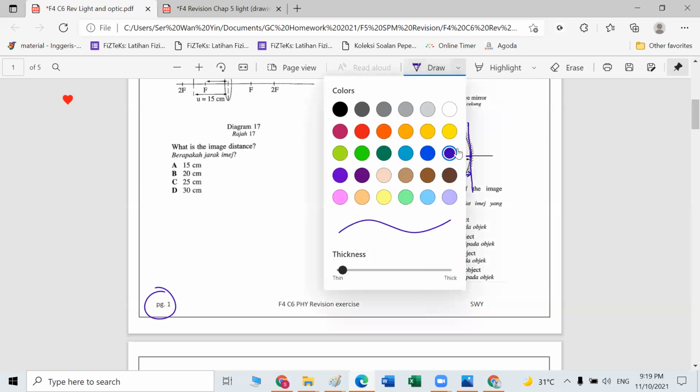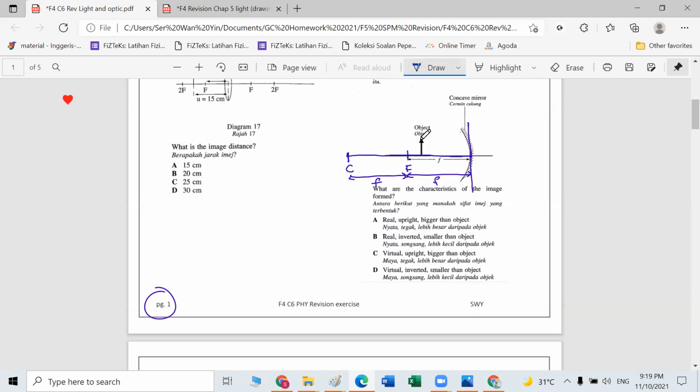So let's draw K, F, then C. And we will find out not intersecting.